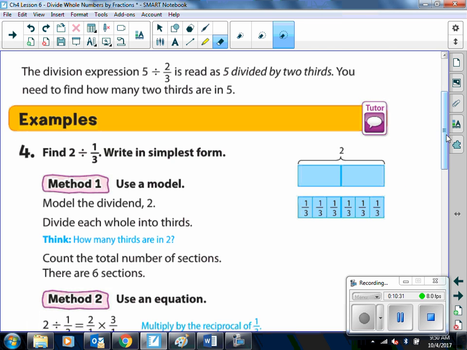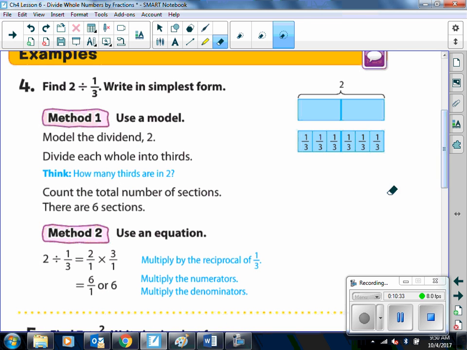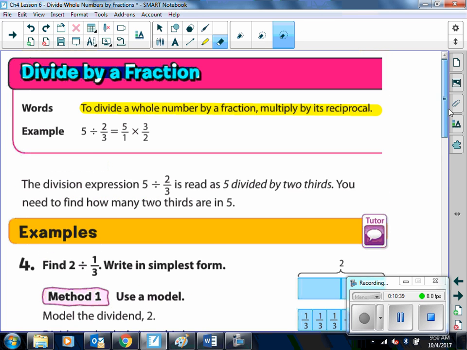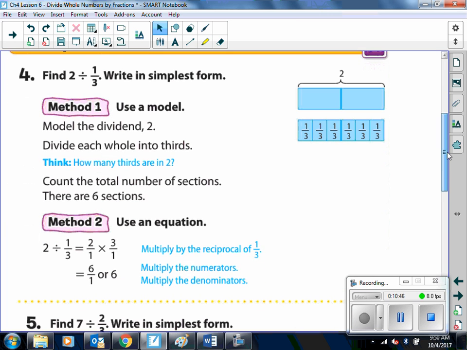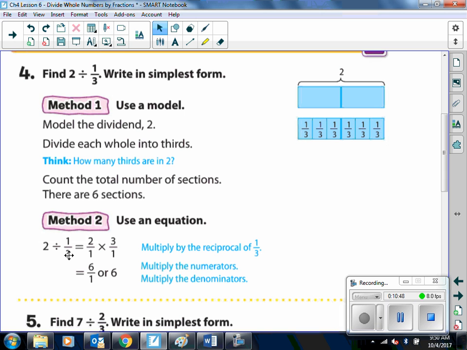Method 2 is to use an equation. Here, we're taking the 2 and dividing by the 1/3, and we're going to follow the rule that we wrote down right up here. So we have 2 divided by 1/3. That means we're going to write the 2 as an A over B, so you're just going to put it over 1.